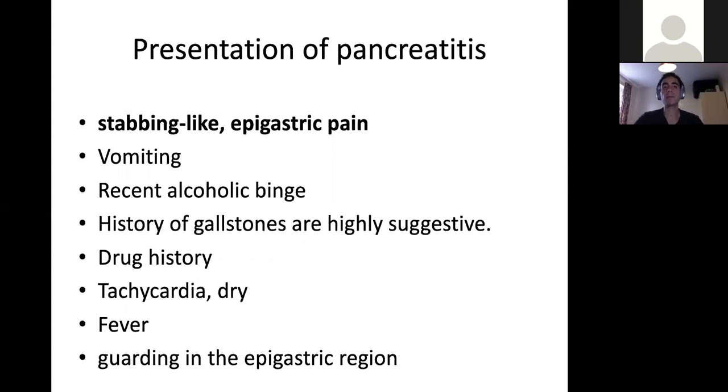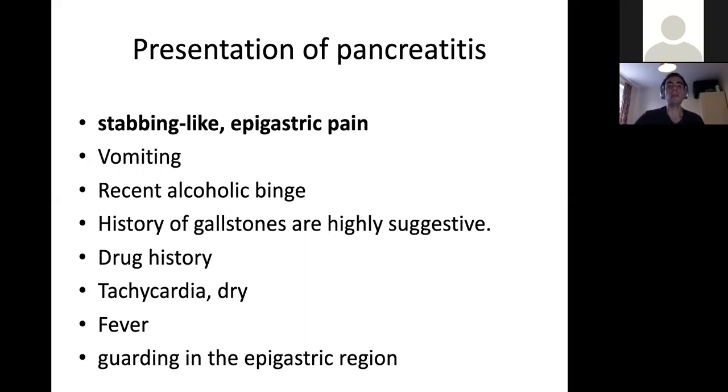Okay, so how do patients present? They present with epigastric pain. It's quite severe pain, and it radiates to their back. They might be vomiting. And from your history, going back to the causes, think about alcohol, think about gallstones. If you have these two, then you're thinking this is likely to be pancreatitis.